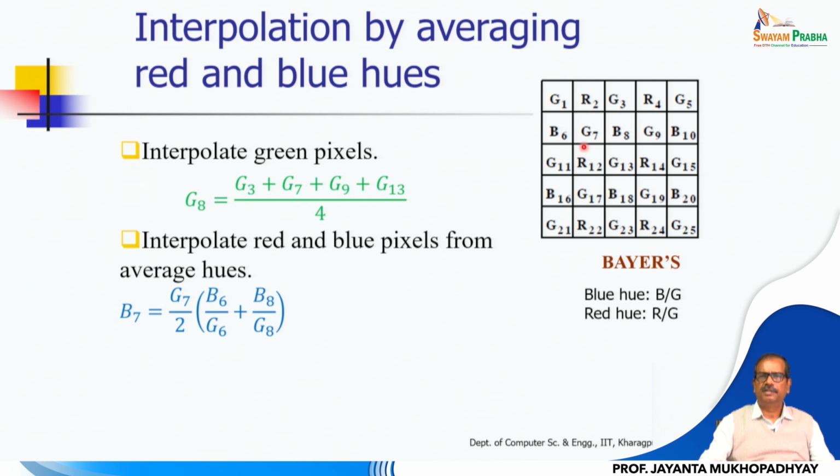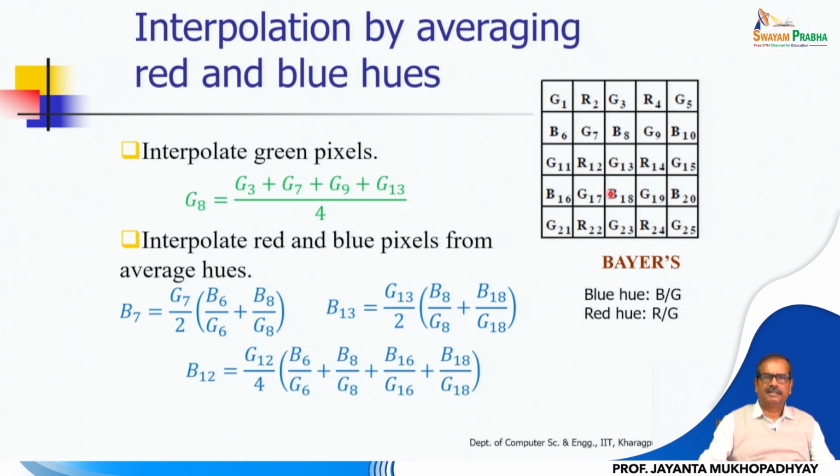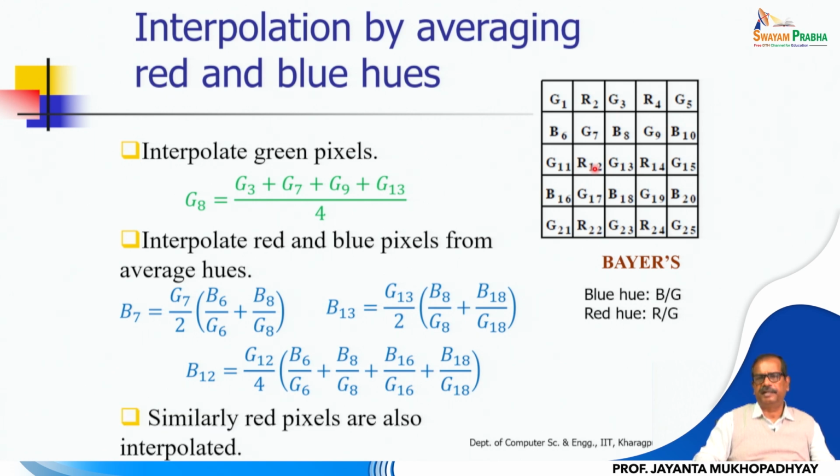So the ratio between blue and green is the blue hue, and the ratio between red and green is the red hue. So these are the two things. Take the average of blue hues, and then you multiply with the respective green value, and that would give you blue. Similarly, you can get the value of B13. So B13 is here, and you can see that you are doing the same thing. Or even B12, here I think the diagonal case will come, right? So you have the 4 cases. In the same way you do it for the red pixels also.